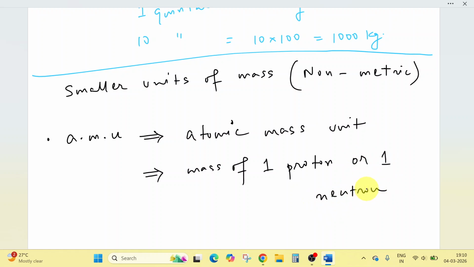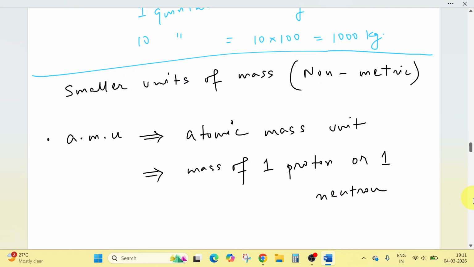Because in chemistry you have studied in class 8 also, I think, that proton and neutron have equal weight, right? Electron mass is negligible in comparison to proton and neutron, but proton and neutron have the same mass. Neutron is a little bit heavier than proton, but that is an almost negligible difference.